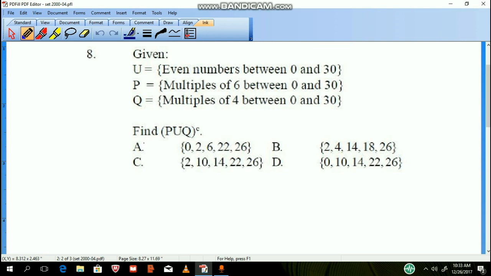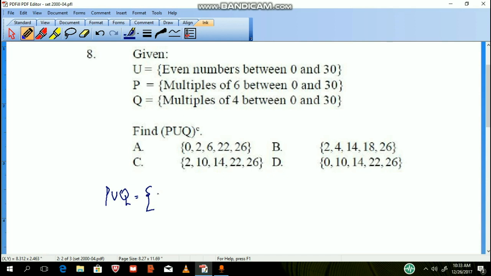First, P union Q will be the multiples of 6 and 4. Let's look for P union Q. P union Q will be the combo of the multiples of 6 and 4.